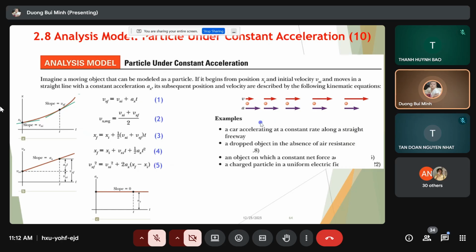Now, for the summary, we have 5 equations. You need to understand them clearly. If you don't want to remember these equations, that's okay, but you need to remember the graphical representation, and then you can get back the formula for yourself.